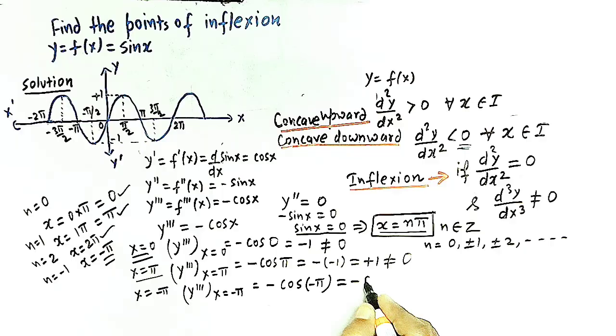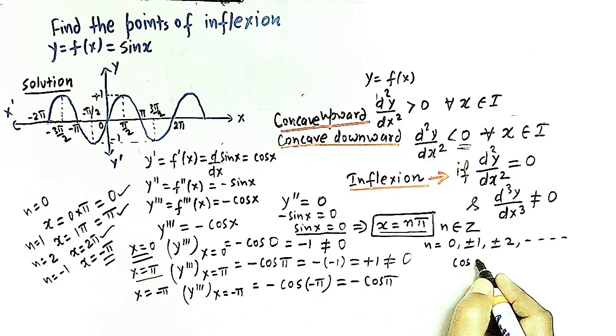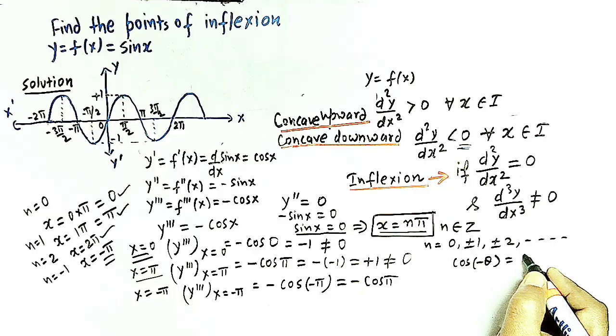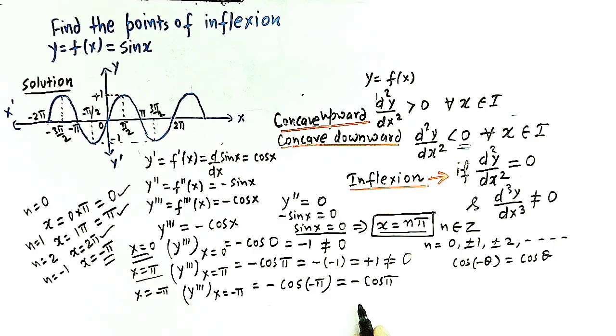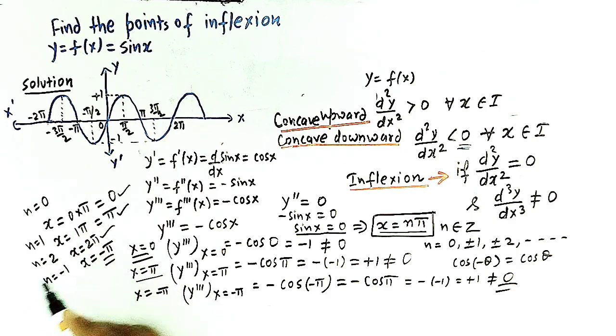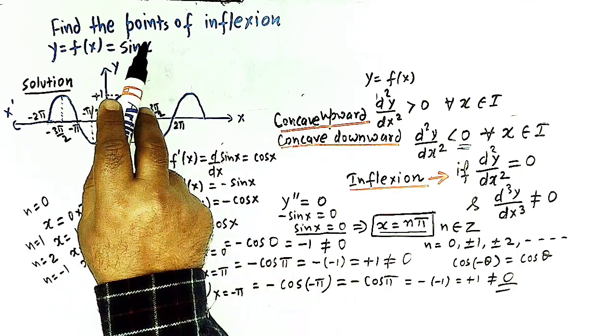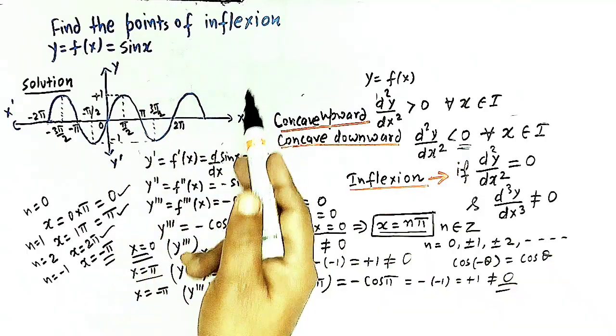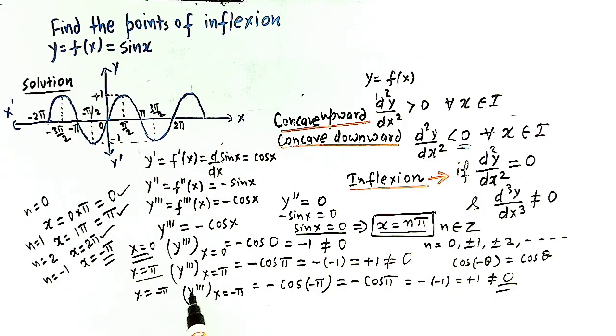So we have minus cosine π, because cosine of minus θ is equal to simply cosine θ. Cosine π is minus 1, so this is plus 1, that is not equal to 0. Similarly, for other values of x, that is for other points of inflection, we can show that the third derivative is not equal to 0, right.